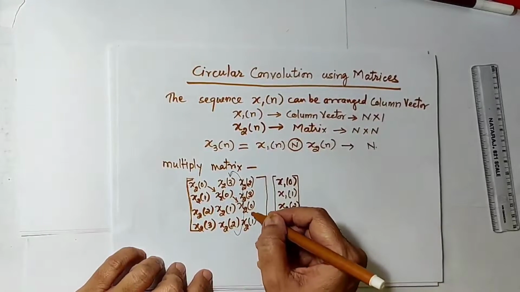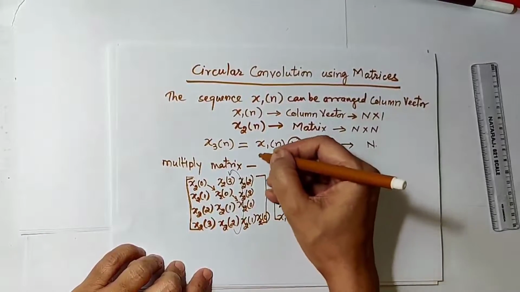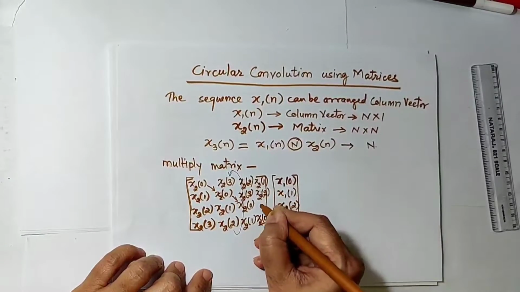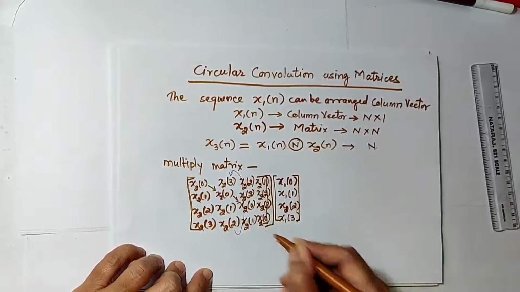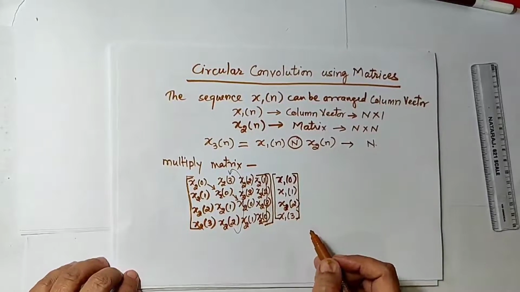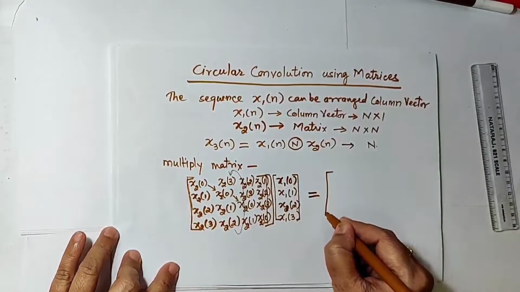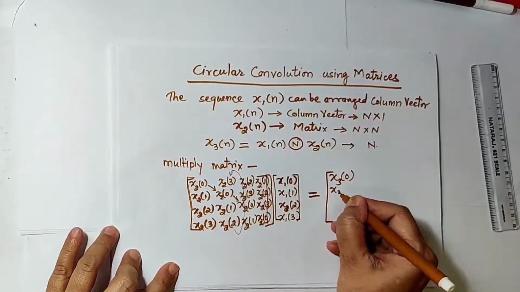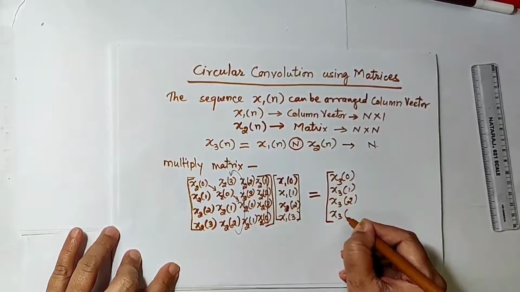The fourth column will take x2(0), x2(1), x2(2), then x2(3). I think it is clear. The multiplication of these two will give us the x3 values: x3(0), x3(1), x3(2) and x3(3).